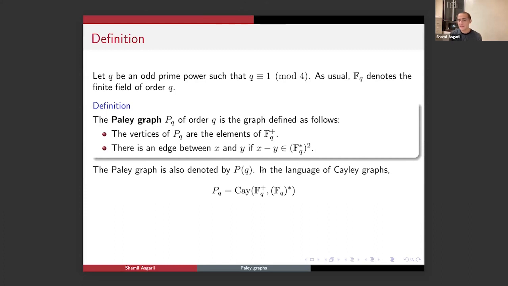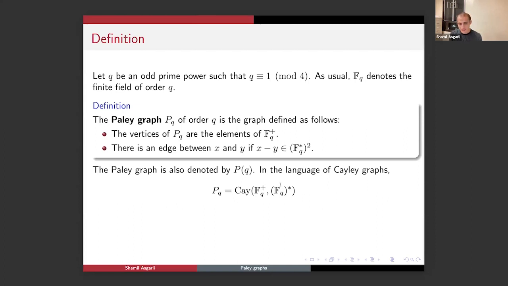Let me mention that the Paley graph is an instance of what's known as a Cayley graph. In particular, the Paley graph is the Cayley graph whose underlying abelian group is the additive group of a finite field, and the connection set is the set of squares in F_Q.